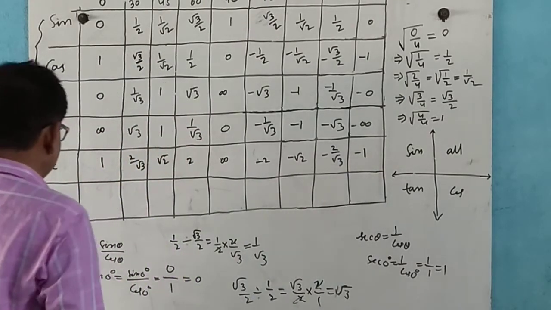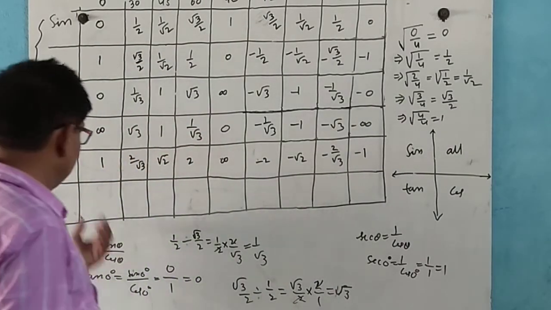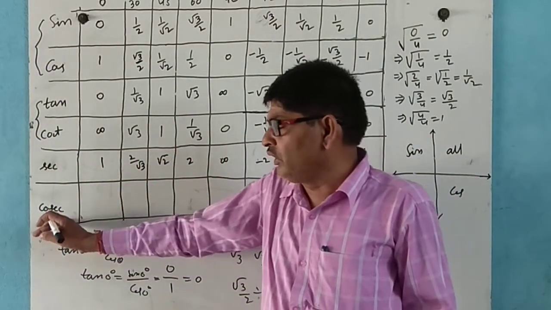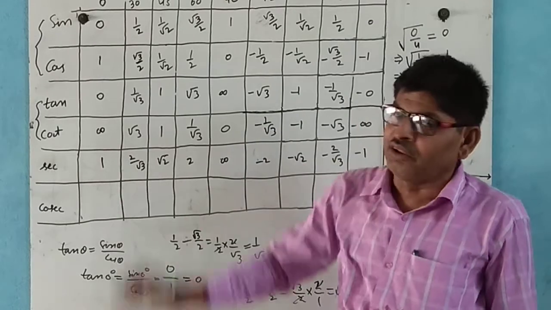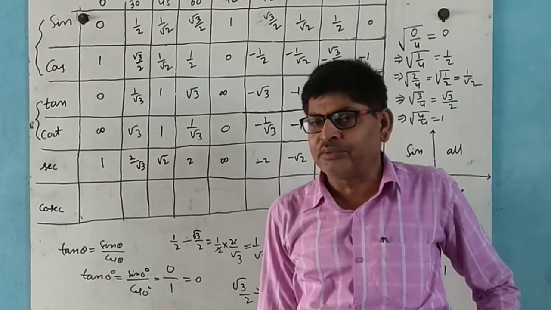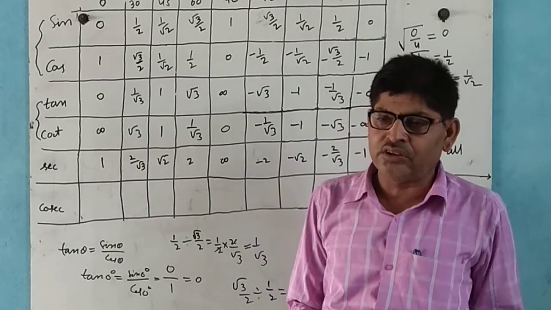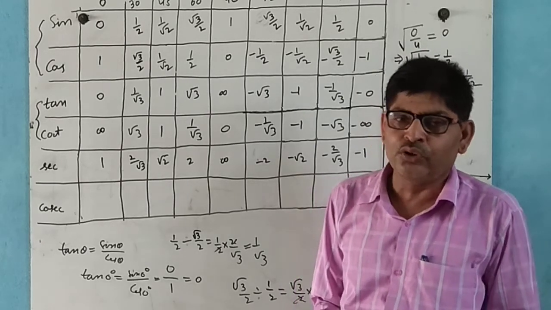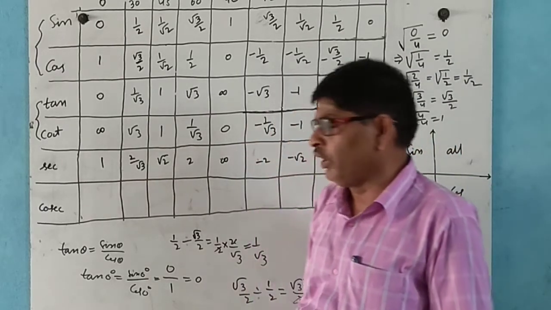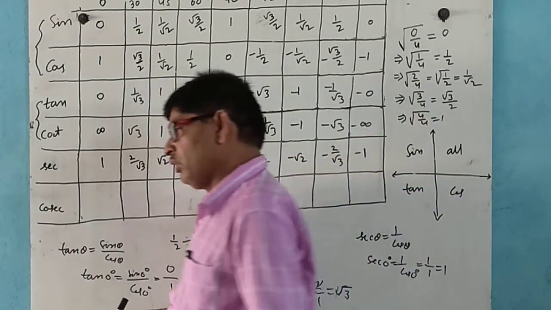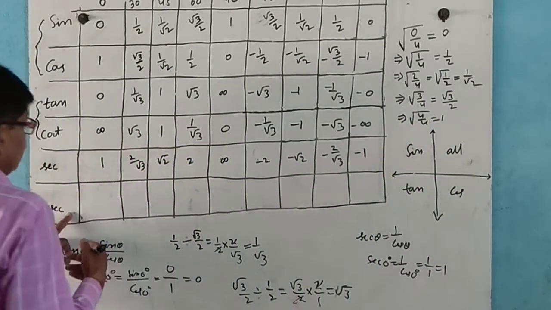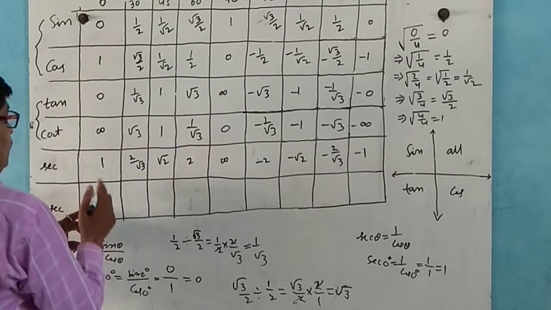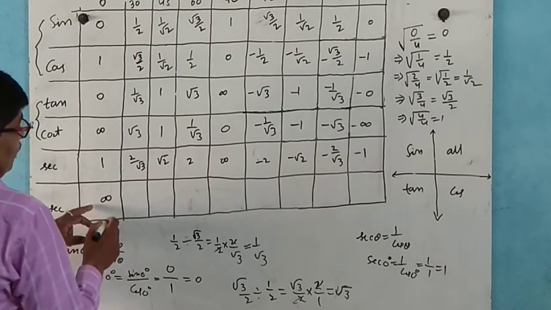Now, in a similar way, we write the value of cosec. Cosec is the reciprocal of sine. If we reverse the value of sine, numerator to denominator and denominator to numerator, we get the value of cosec of the angle. Cosec 0 degrees is 1 by 0, that is infinity.